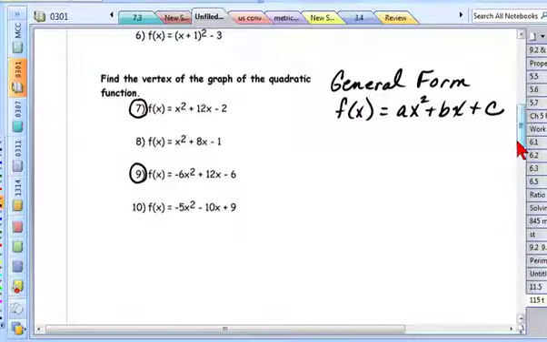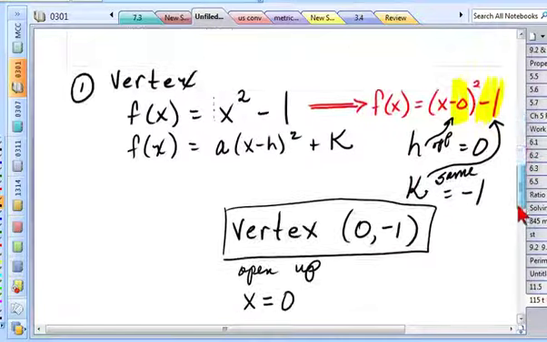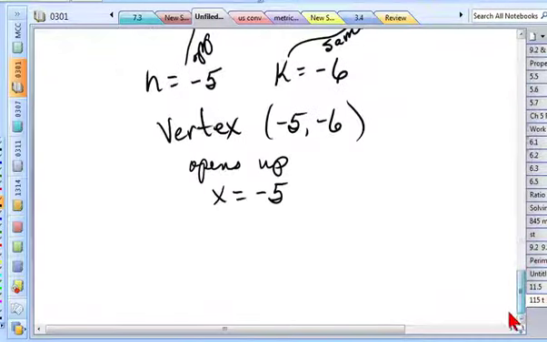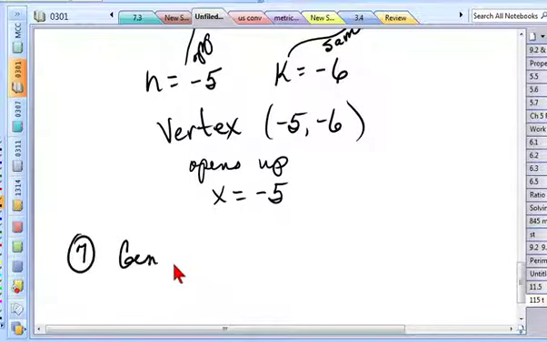All right, now, general form, it might look a little more familiar, but it doesn't really tell us quite as much. So let's go to problem number 7. Now I'm in general form.